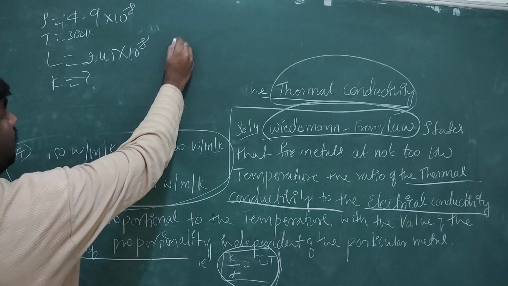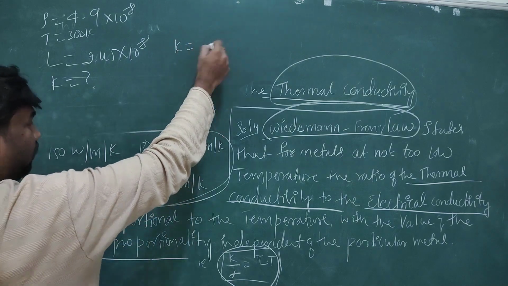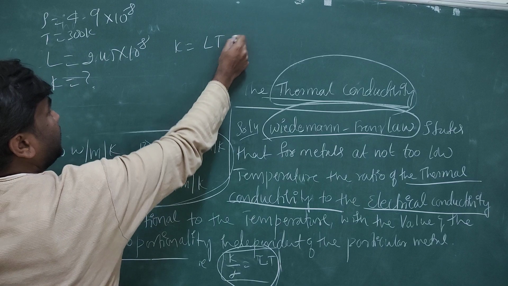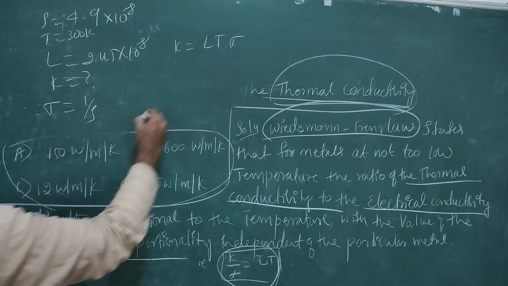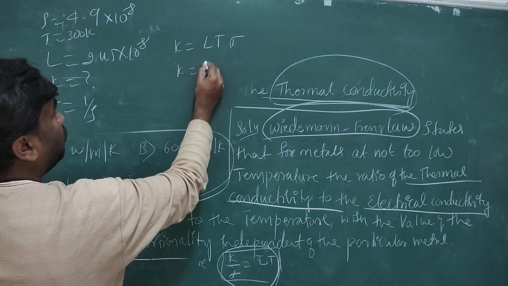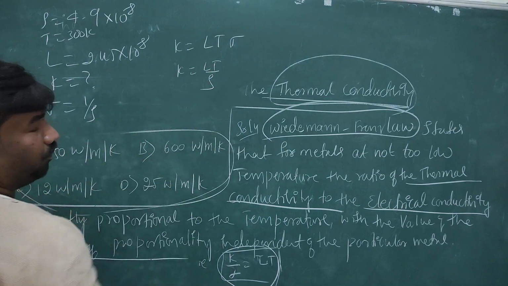So, from the expression, K is equal to LT sigma, since sigma is equal to 1 by rho, K is equal to LT by rho.